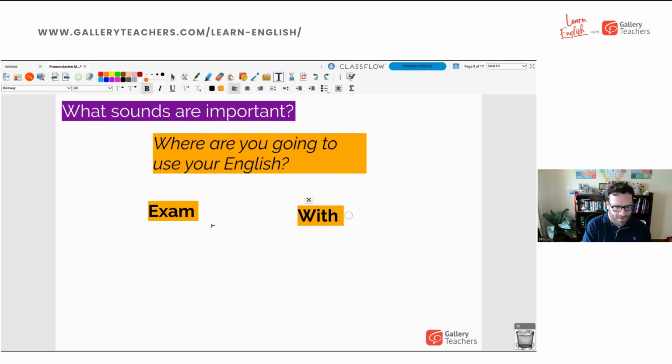Or, and think about with other people. So before we think about who these people are, just write in the chat, where are you going to use your English? Is it in an exam or with other people?